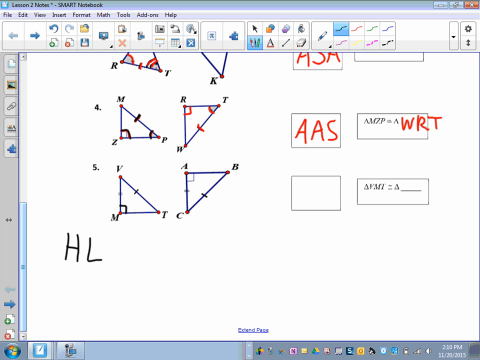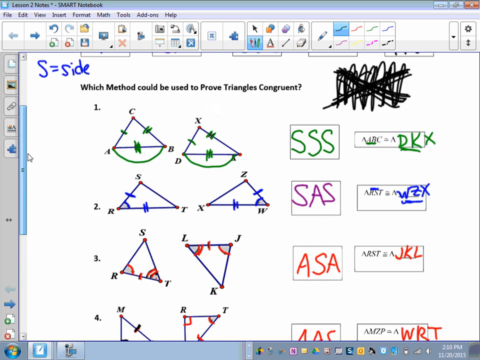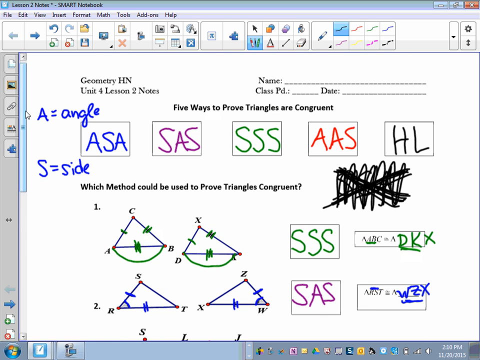Hypotenuse leg. So our HL method only works for right triangles. If it's not a right triangle, it doesn't even have a hypotenuse. So only right triangles, H stands for the hypotenuse, and L stands for the leg.